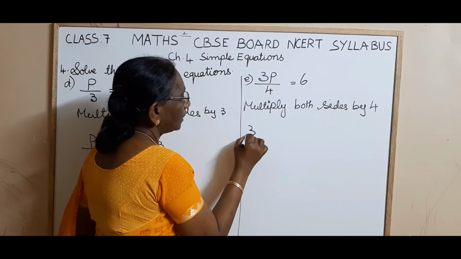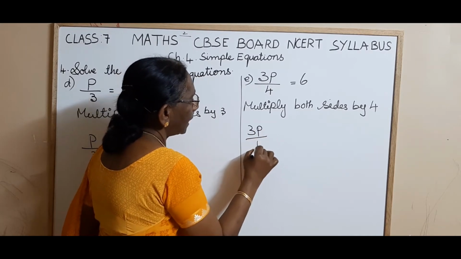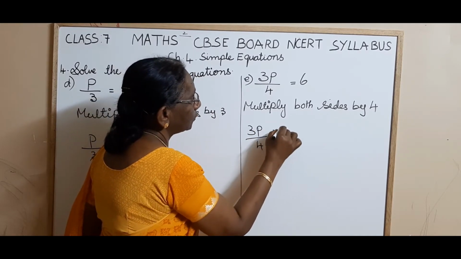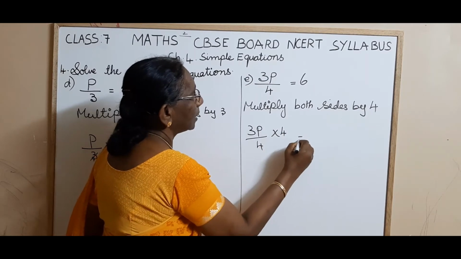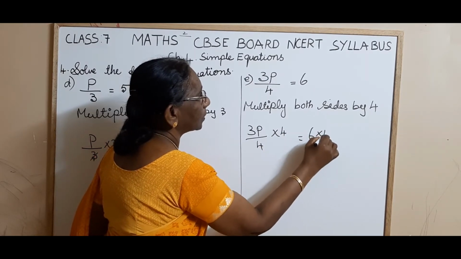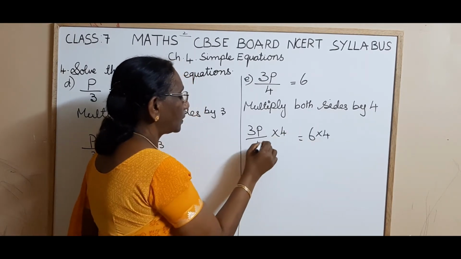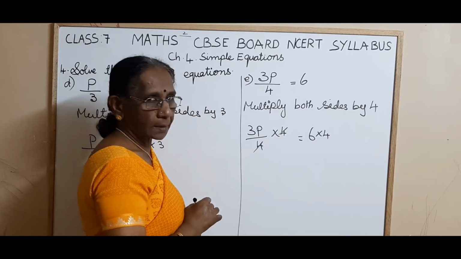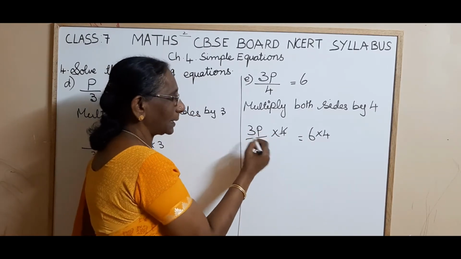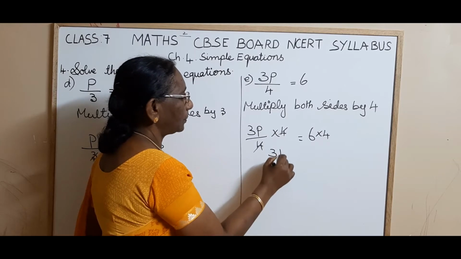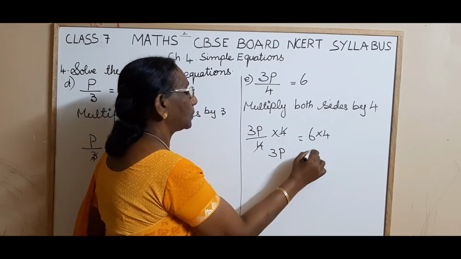So 3p divided by 4 into 4 is equal to 6 into 4. On both sides, 4 and 4 get cancelled. So on the left hand side we have 3p is equal to 24.